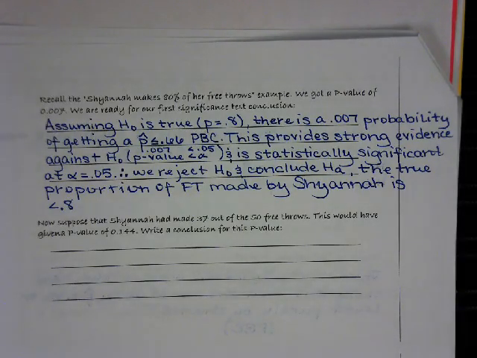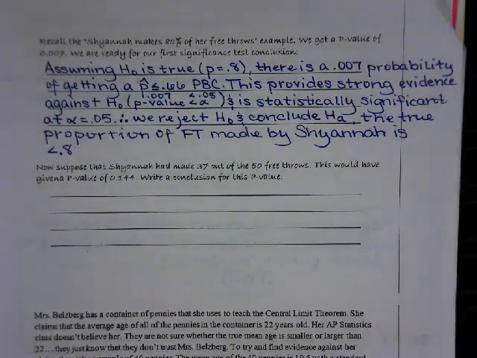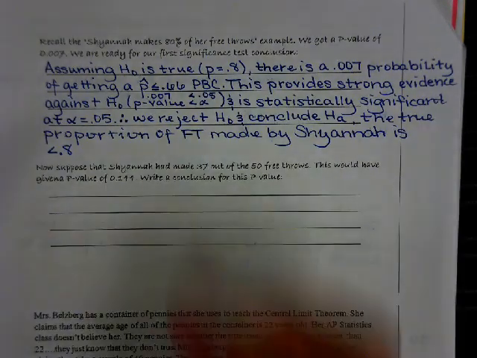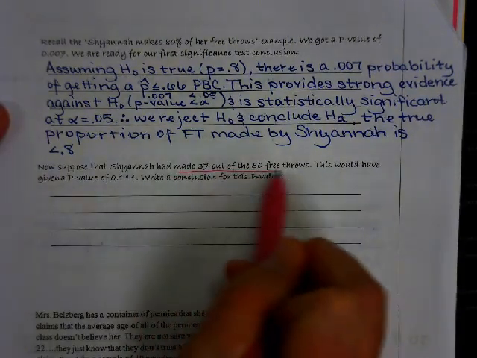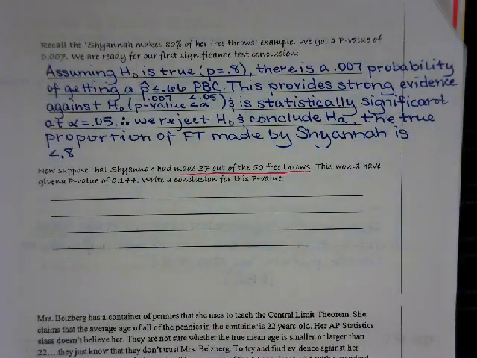That changes your p-hat, so it would change where we drew on our normal curve back here. It's going to change the p-value. I already did it for you. It gives you a p-value of 0.144.